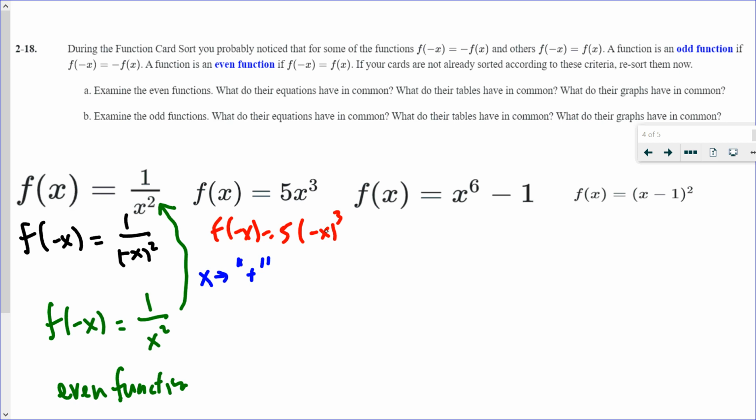Well, a negative number cubed is going to be negative. So what happens is, if it's the same x value, you're going to get the same cube, and you're going to multiply by 5, so it's going to have the same value, but the output is negative.